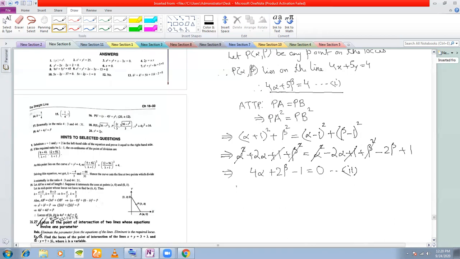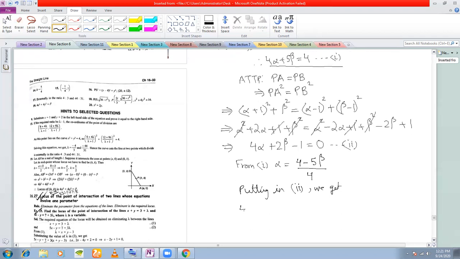So you have from 1, alpha is equal to 4 minus 5 beta by 4. Putting in 2, we get 4 times (4 minus 5 beta by 4) plus 2 beta minus 1 is equal to 0.